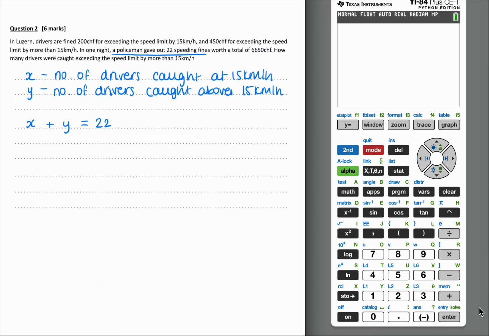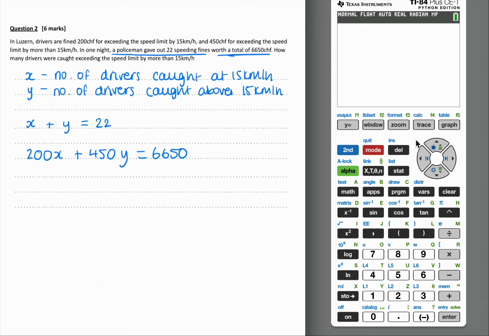So that means that I have 200 times the number of people caught at 15 kilometers an hour, plus 450 times the number of people caught above it. And that gave the total, the 6,650 francs that the policeman made. So they're my two equations.